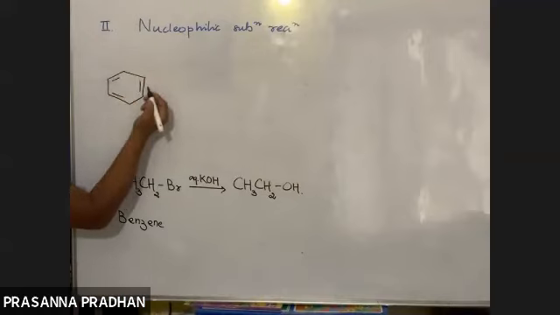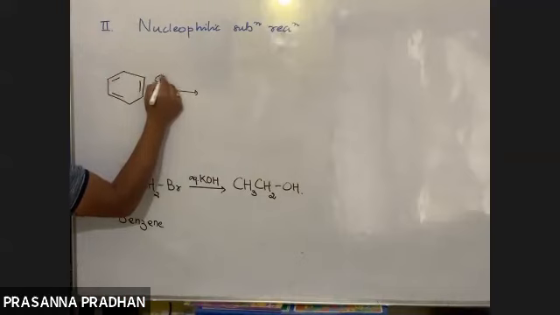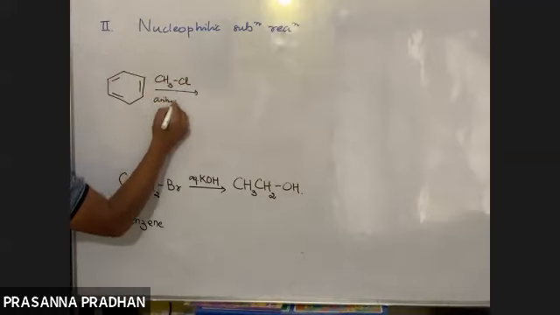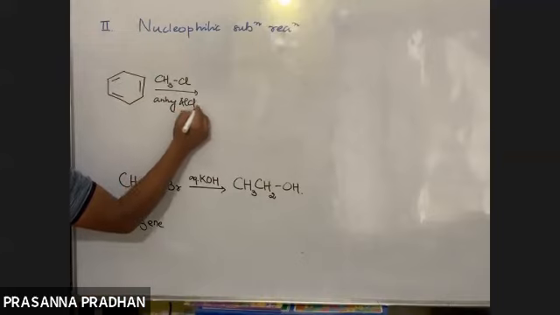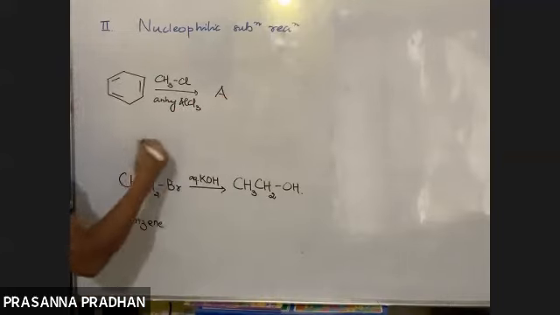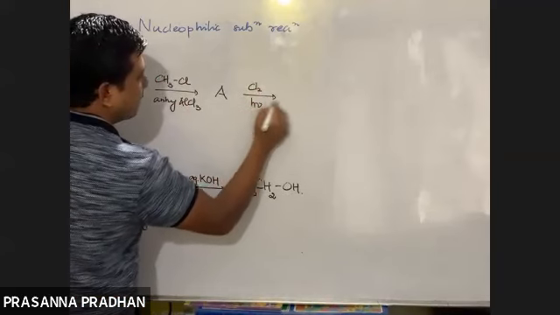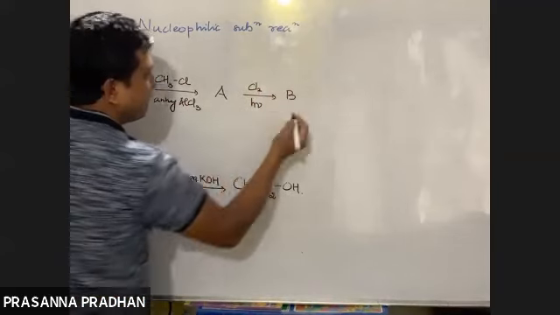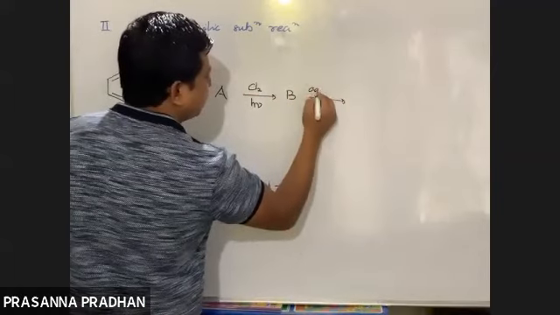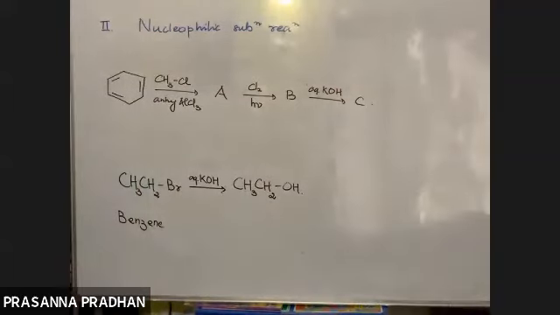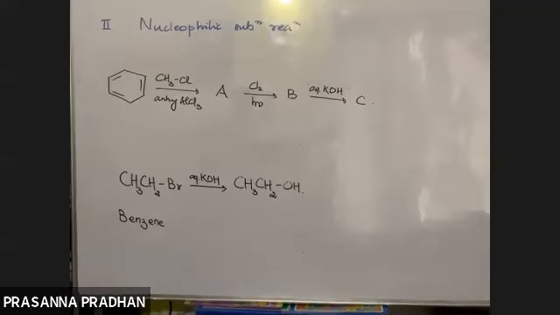I take benzene and treat this with methyl chloride in the presence of anhydrous AlCl3, I'll get A. This on chlorination in the presence of light will give us B. And this on treatment with aqueous KOH gives us C. So predict the products A, B, and C. Do it on your own.